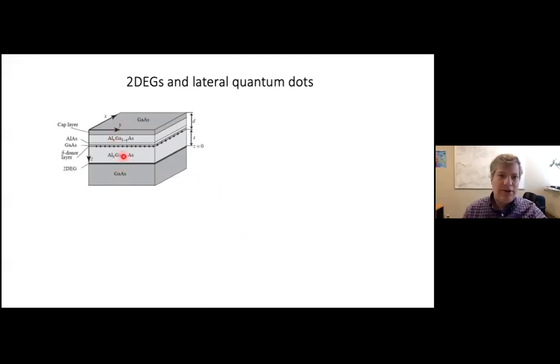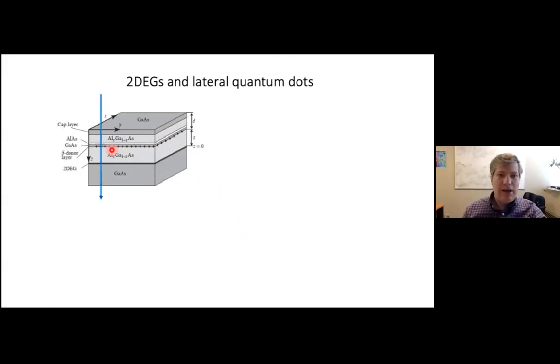So a stack of materials like the one I'm showing here is known as a heterostructure and can be grown by molecular beam epitaxy, atomic layer by layer. So when a layer of dopant atoms is placed appropriately, so here in this diagram, these plus signs, then the dopants donate electrons, and the electrons will naturally accumulate where the potential energy is the lowest.